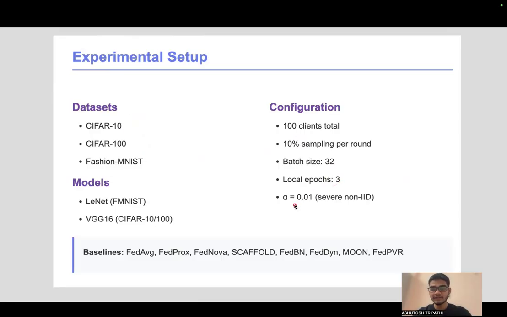And to induce severe non-IID conditions, we have taken the alpha parameter at a very small 0.01. So this helps us to simulate real world scenarios. And we have taken two models, LeNet for Fashion MNIST and VGG16 for CIFAR 10 and CIFAR 100. And we have taken these 8 baselines to compare our proposed method with.